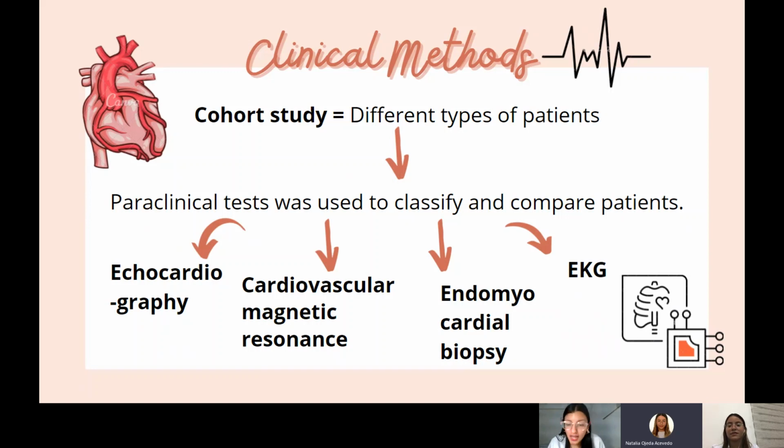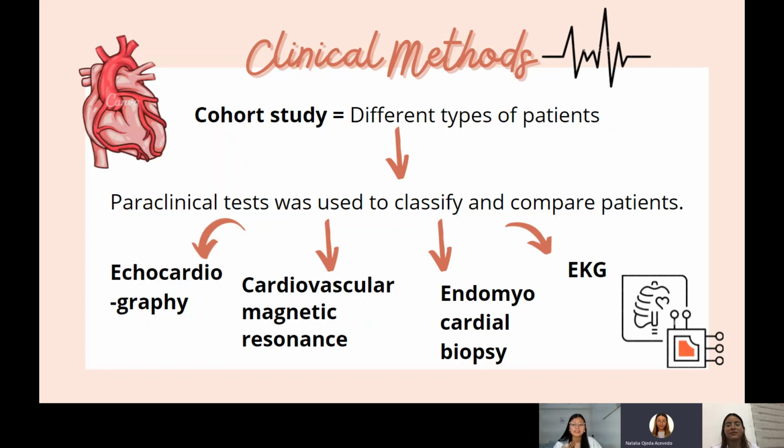With this clinical test, the objective was to identify patients that have the disease and which have other conditions such as myocardial infarction, acute myocardial infarction with non-obstructive coronary arteries, and autoimmune disease. This was done to classify patients and to compare populations. For example, cardiovascular magnetic resonance was done to give a final diagnosis of myocarditis.